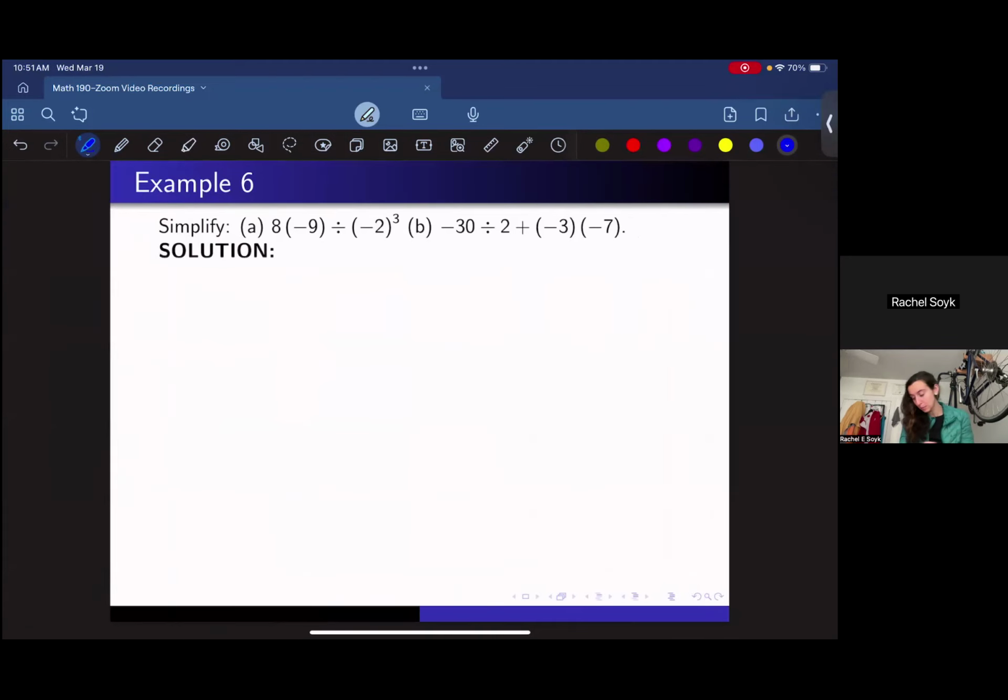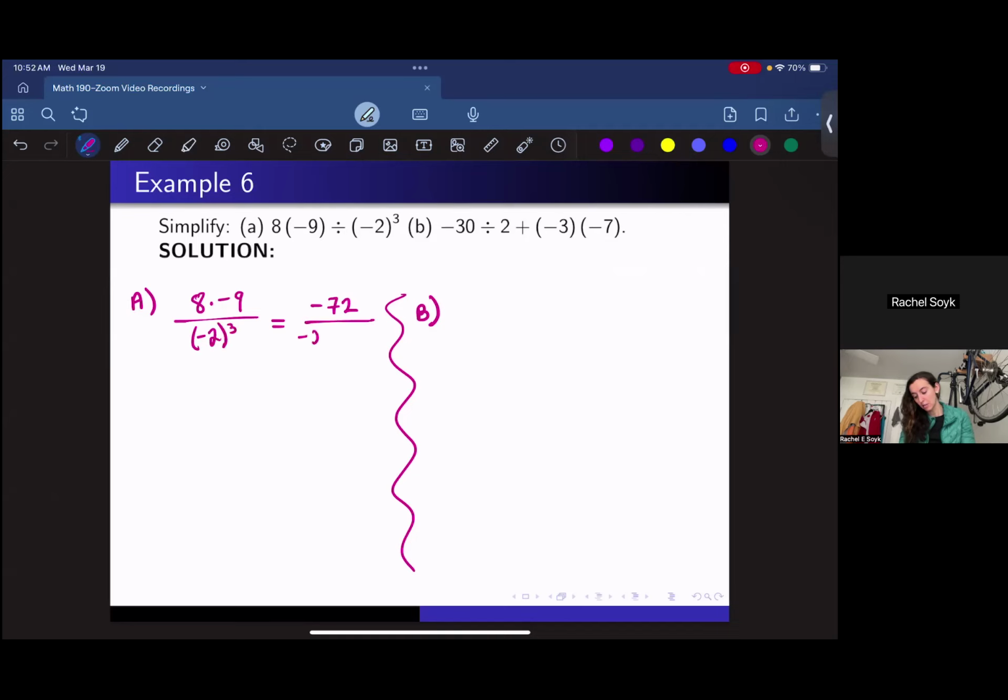Let's do another example together. We have an A and a B once again. 8 times negative 9, that's just negative 72, divided by (-2) to the third power.